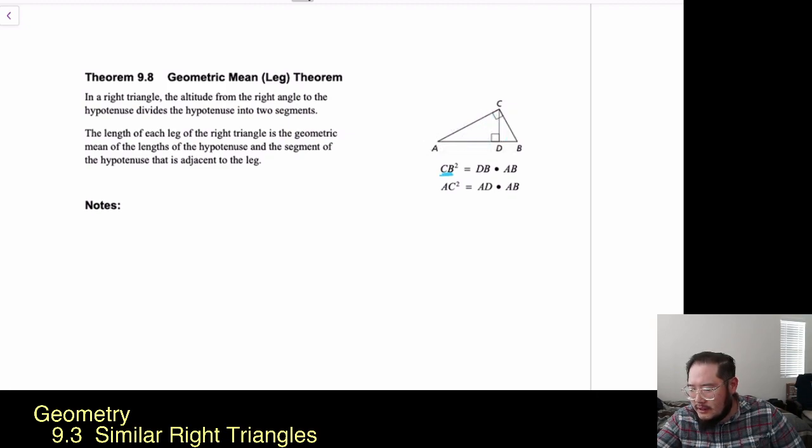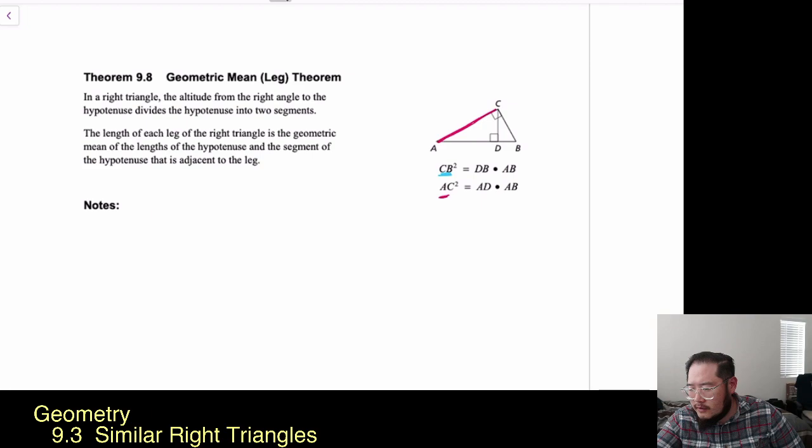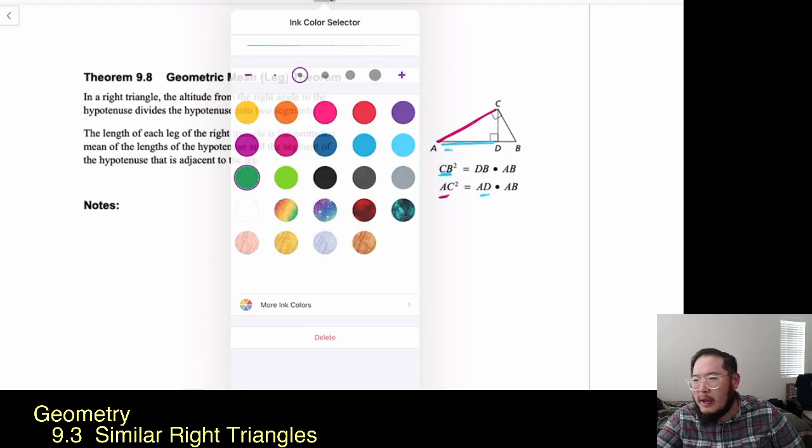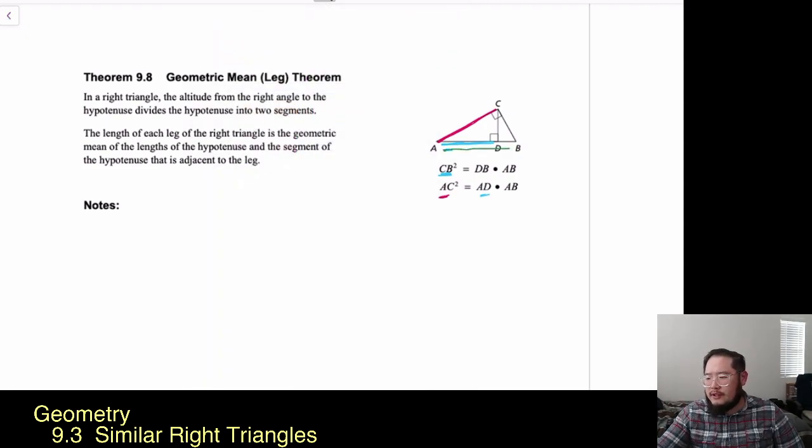If we use AC as the hypotenuse for the triangle right here, the other two sides would be AD times AB, once again that whole entire side, and there you go. I try to color coordinate things to show you visually what parts they're talking about, and that will allow you to use the geometric mean leg theorem.